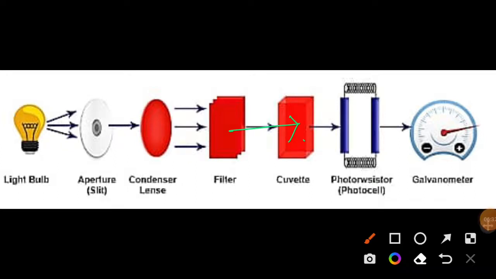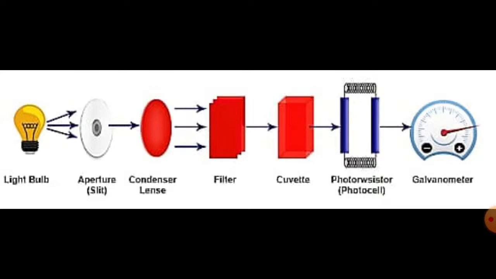Now in the cuvette we have to learn about the Lambert-Beer law. When the light passes through the cuvette, as we have our sample in the cuvette, some of the light will be absorbed by the sample, right? Any kind of matter in this universe absorbs light, and then some of the light will just pass through.